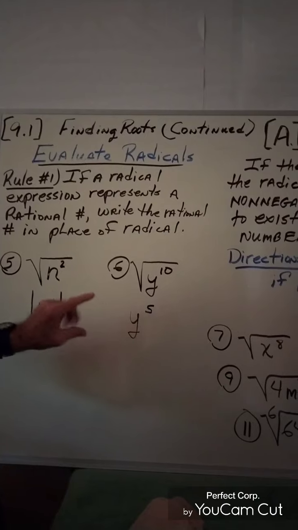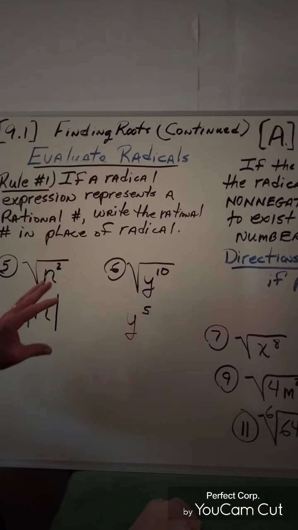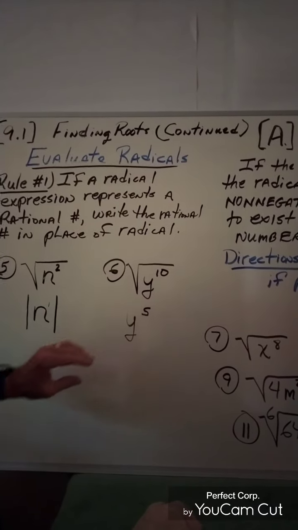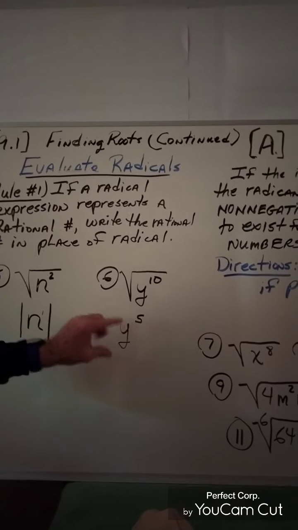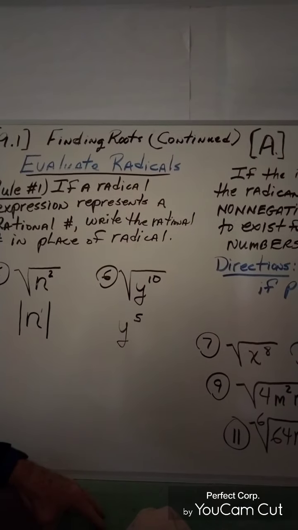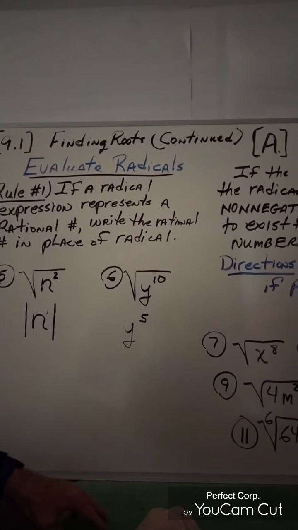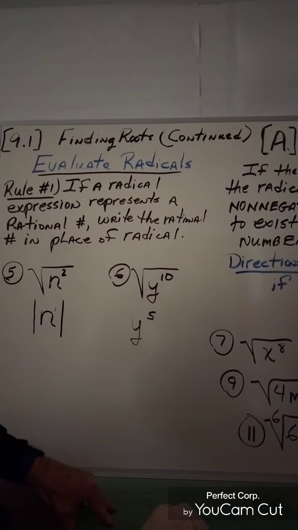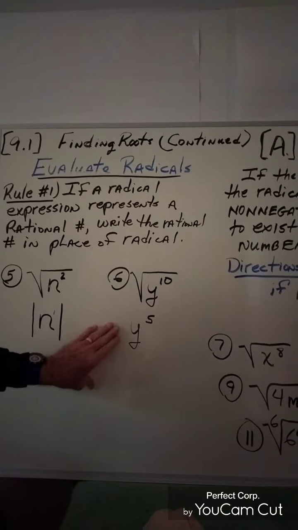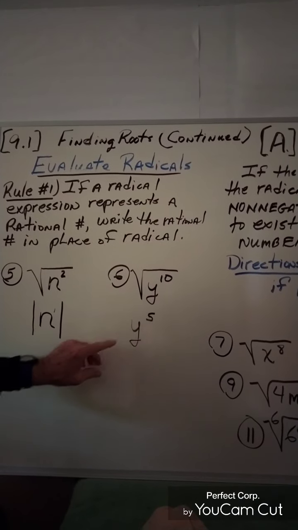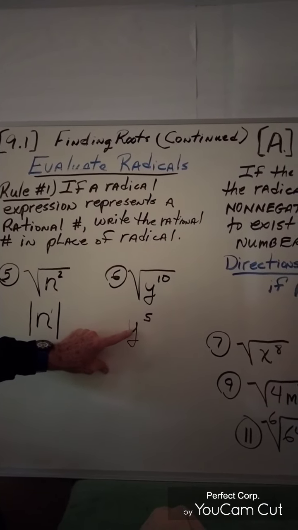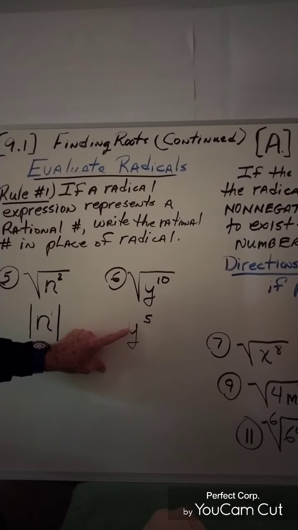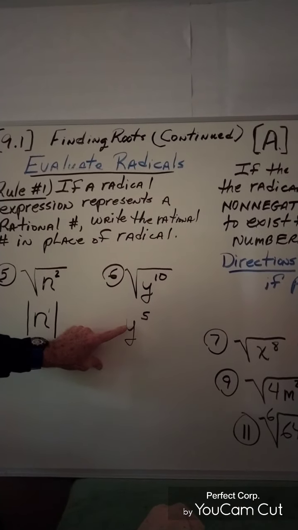Notice, I already told you we're not going to have to worry about absolute value, but I do want to promote the rule in terms of how we know when an absolute value device would have to be used and when it wouldn't. Let's make up a value for y, and let's make it a negative number.